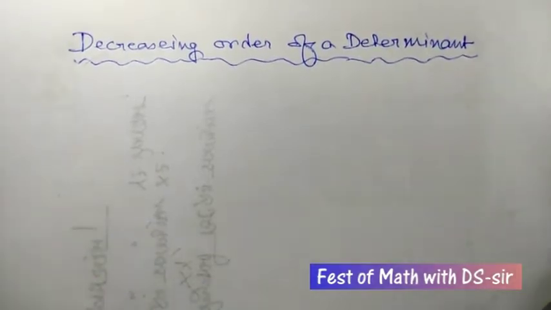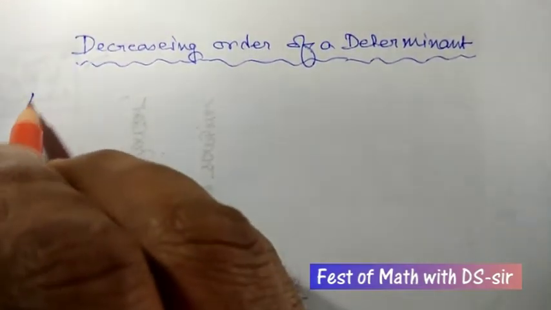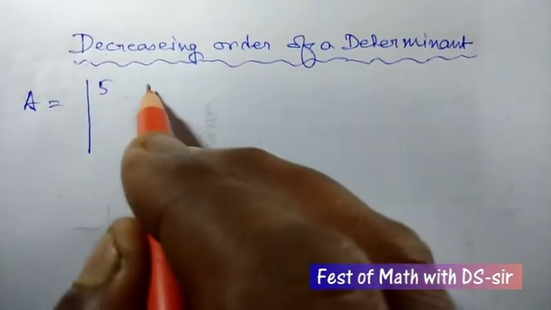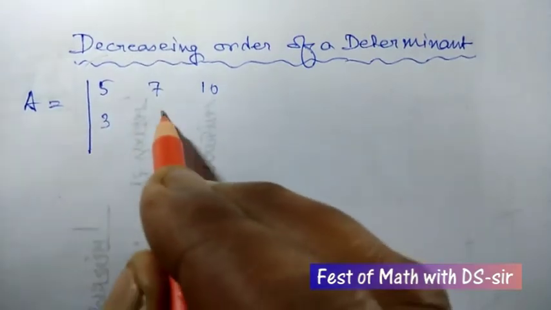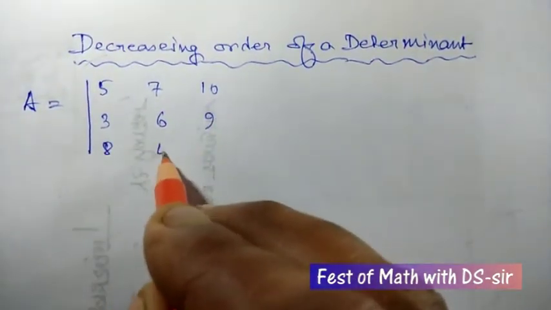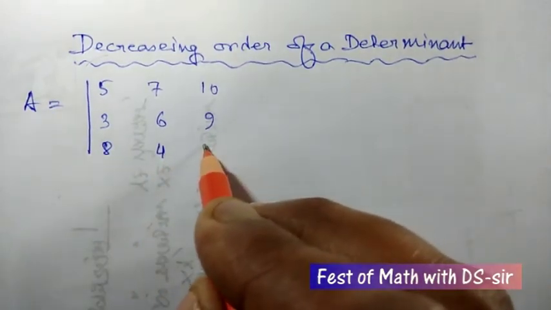Now, next method, how to decrease the order of a determinant. This I will discuss with an example. Let A be equal to 5, 7, 10, 3, 6, 9, 8, 4 and say 11.